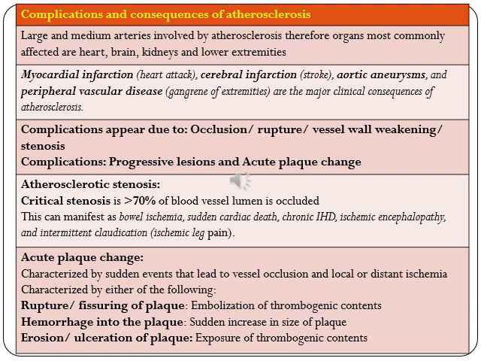Now that we have discussed the morphology of atherosclerosis, let's talk about complications and consequences of atherosclerosis. As large and medium-sized arteries are involved by atherosclerosis, the organs that are most commonly affected are the heart, brain, kidneys, and lower extremities.